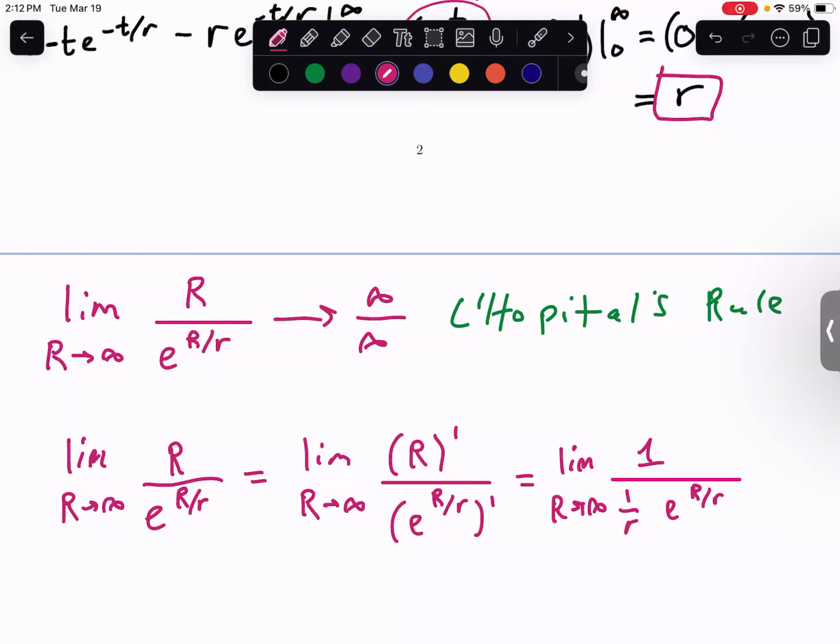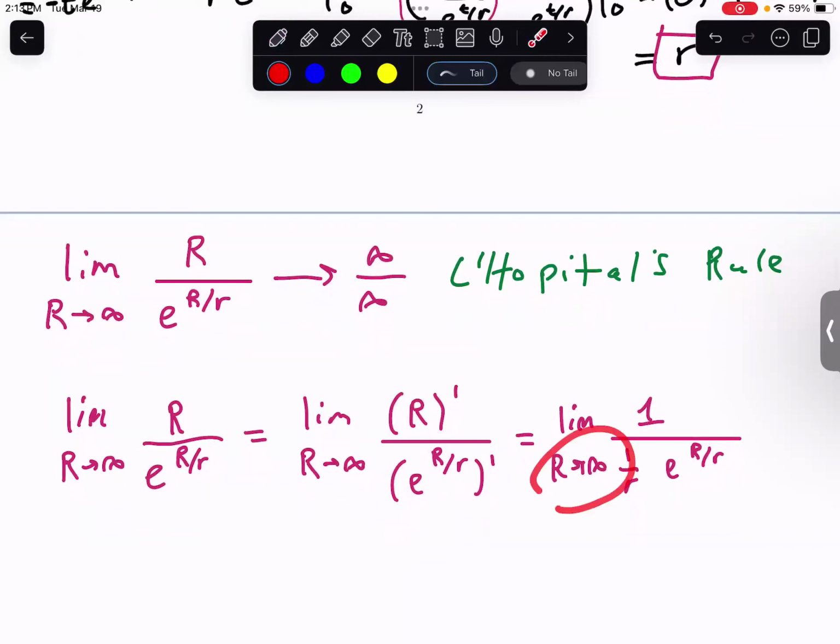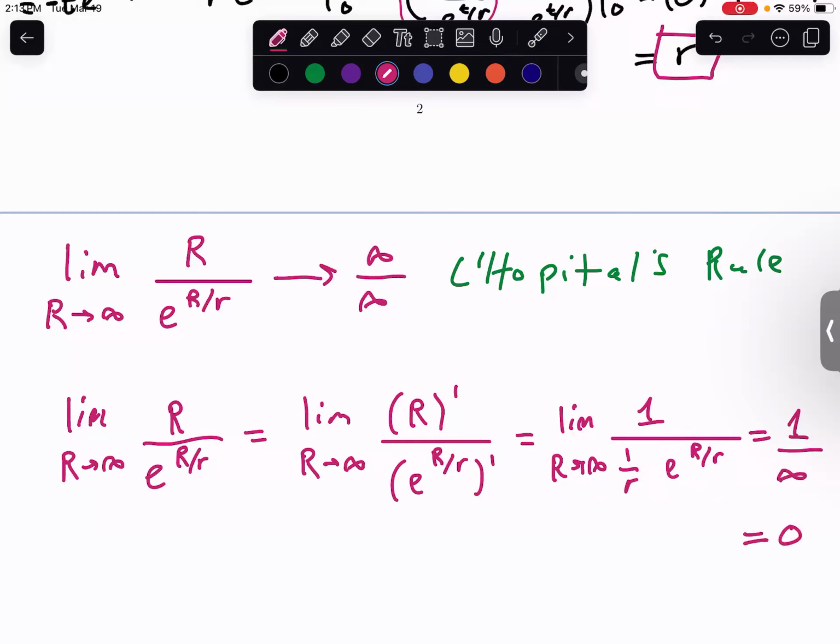And then from there, you can just compute what this limit's going to be, right? As capital R goes to infinity, the only capital R we have left is this thing right here. So now the denominator is going to get infinitely large. This isn't really correct, but I'm just going to write it like this anyways. We have something of 1 over infinity, which is equal to 0.